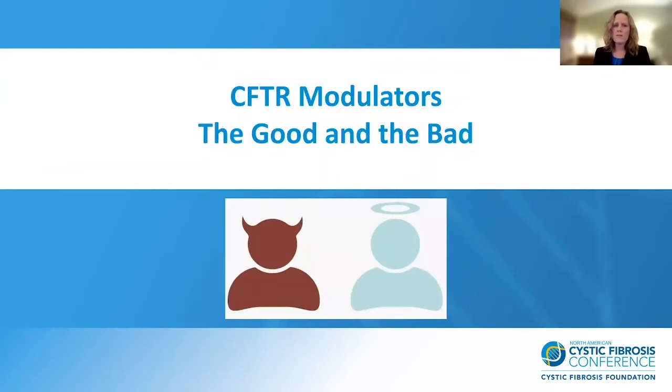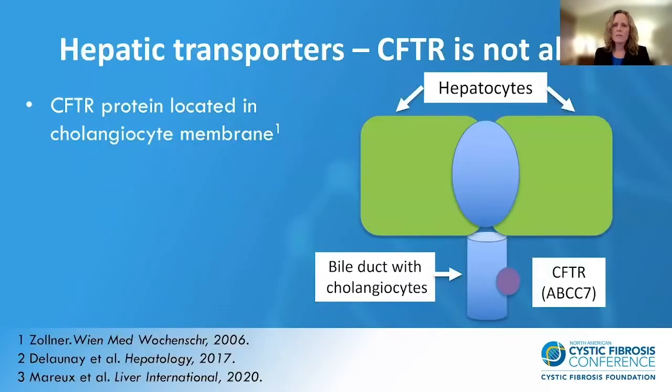CFTR modulators have been shown to have both positive and negative effects on the liver. I think it's important to step back and remind everyone about where the CFTR protein is located in the liver and the bile ducts. In this diagram, the hepatocytes are represented by green squares.